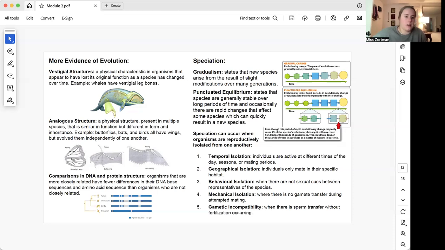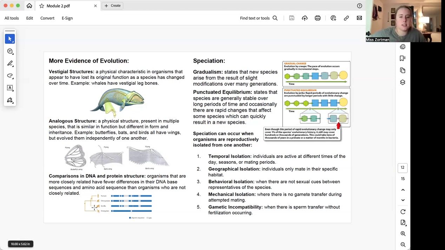That's where we get similar functions now, but the structure is completely different. A bird wing, a bat wing, and a butterfly wing are all completely different in structure, but they all have the function of flying. So they evolved independently of one another.